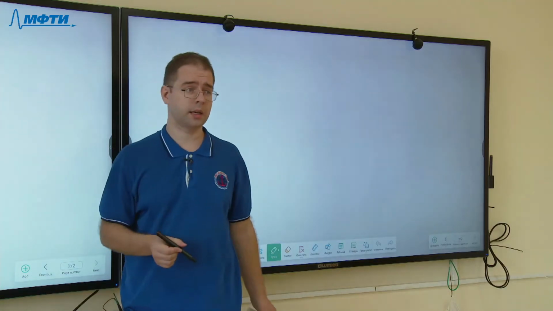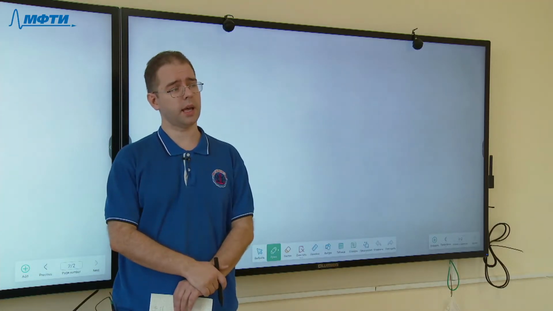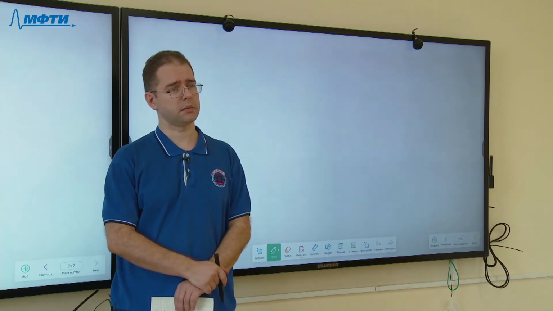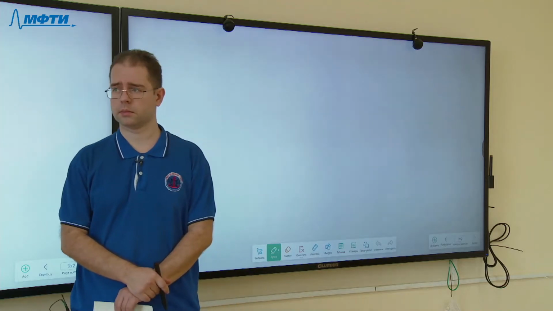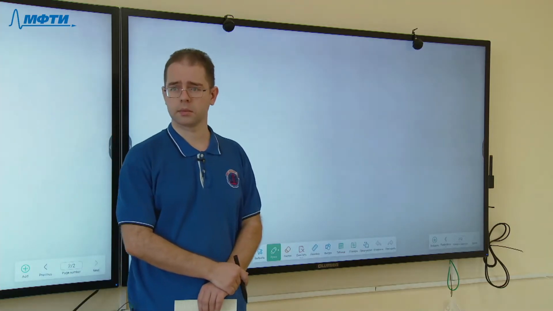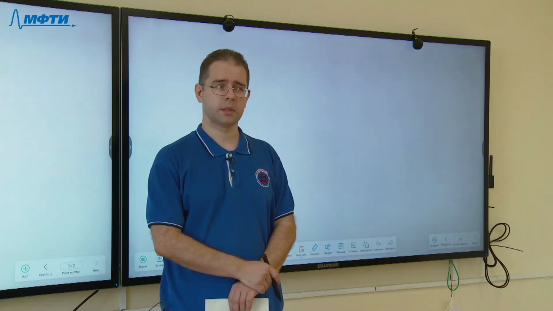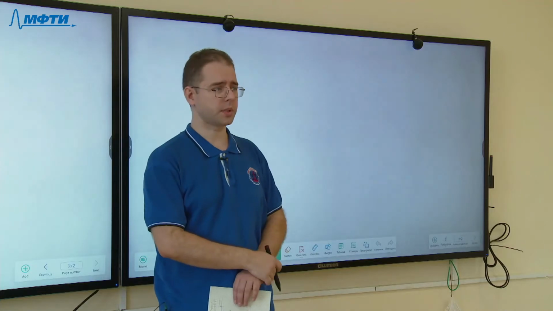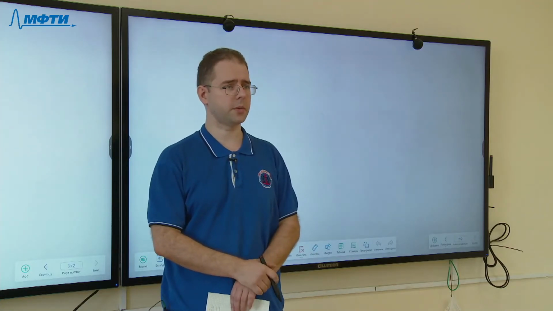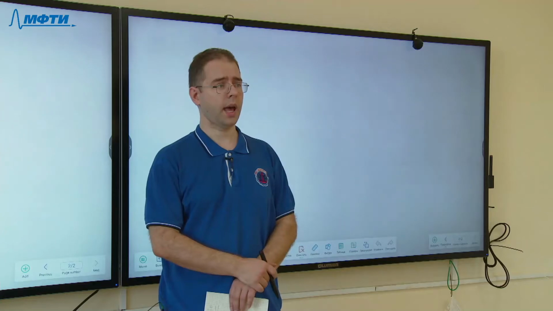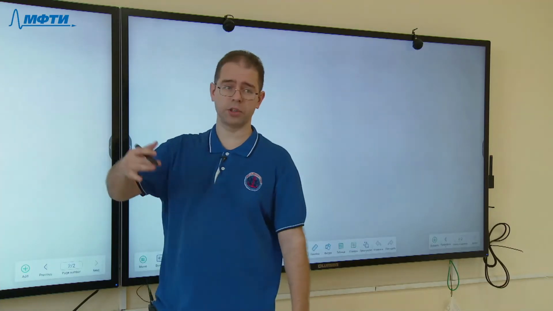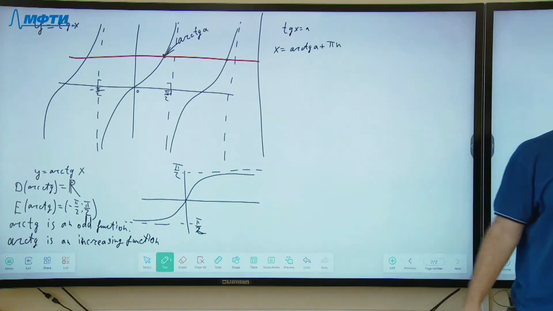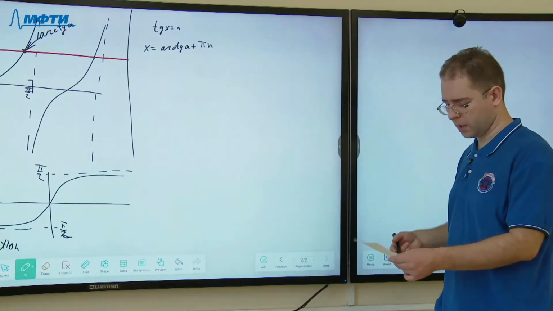So basically, solving any trigonometric equation is just doing something with the original equation using our properties of trigonometric functions, like formulas, and then we reach some simple equation like this, and then we write down the solution, or maybe multiple solutions. So examples.